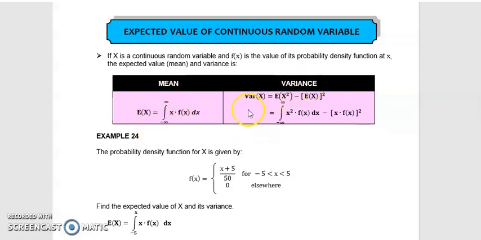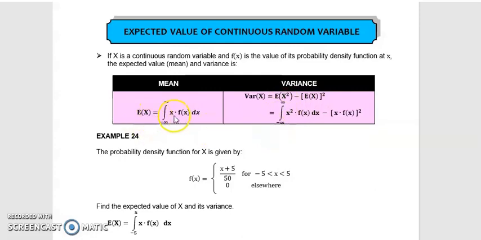For variance, it is also still the same as in discrete. So the variance of x equals E(x squared) minus the square of E(x), where E(x) is the mean value. So you integrate.